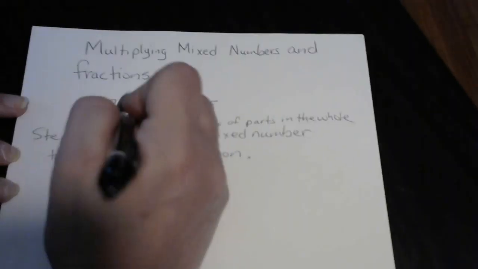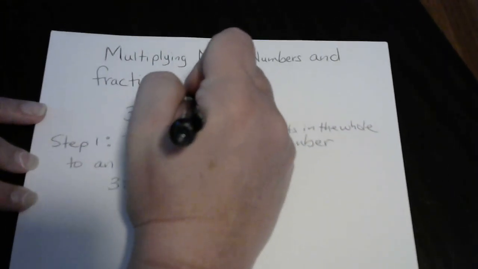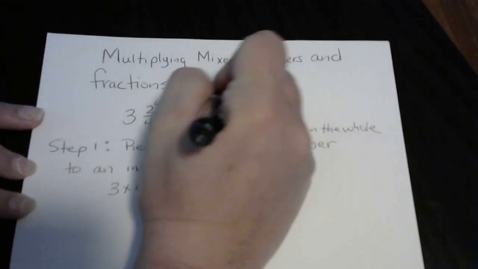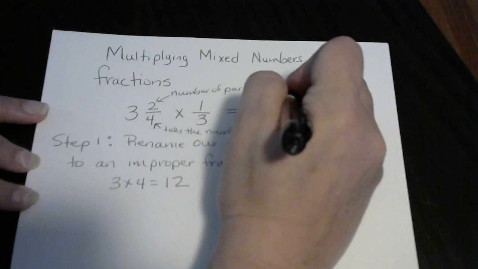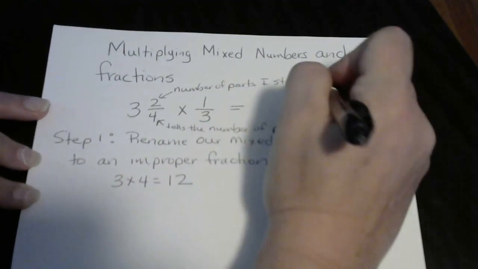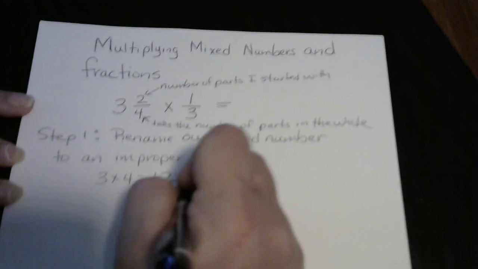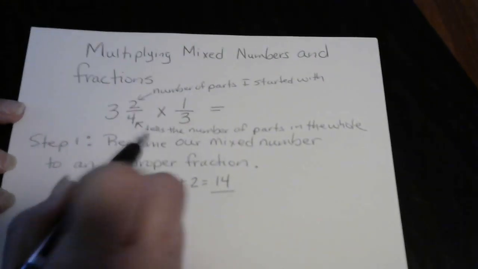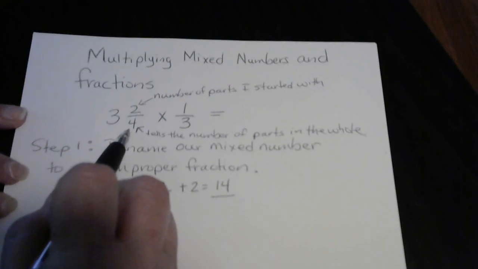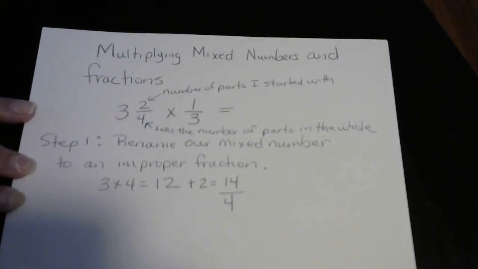But remember, my numerator tells me the number of parts I started with. So I have to add the 2 parts that I started with. So that gives me 14 over the number of parts in my whole. That doesn't change. So 14 over 4.